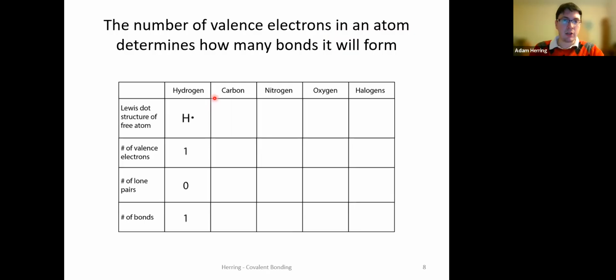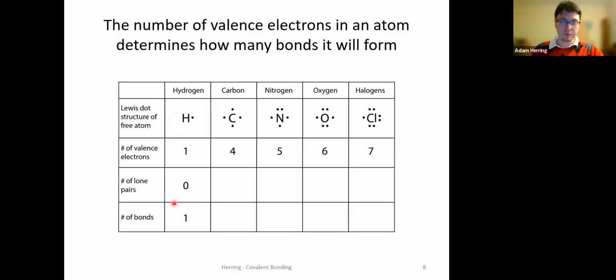When we look at the Lewis dot structure of hydrogen, we see it has 1 electron and has no lone pairs. So hydrogen will form 1 bond. Carbon, nitrogen, oxygen, and then the halogens have a pattern. Carbon has 4 valence electrons, nitrogen has 5, oxygen has 6, and the halogens have 7.